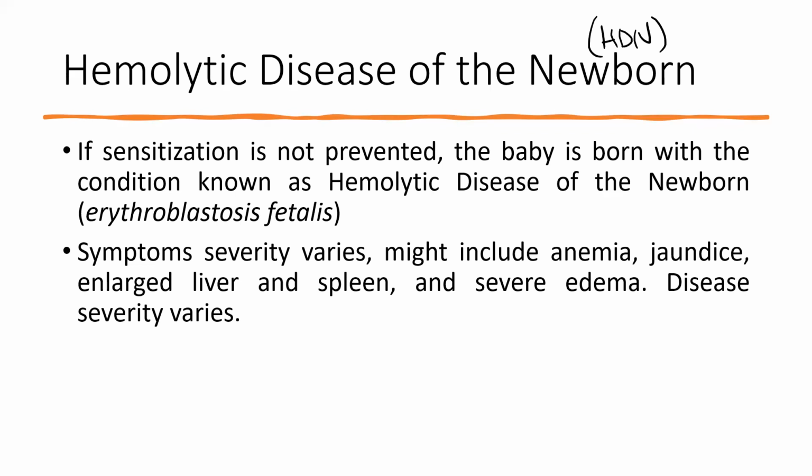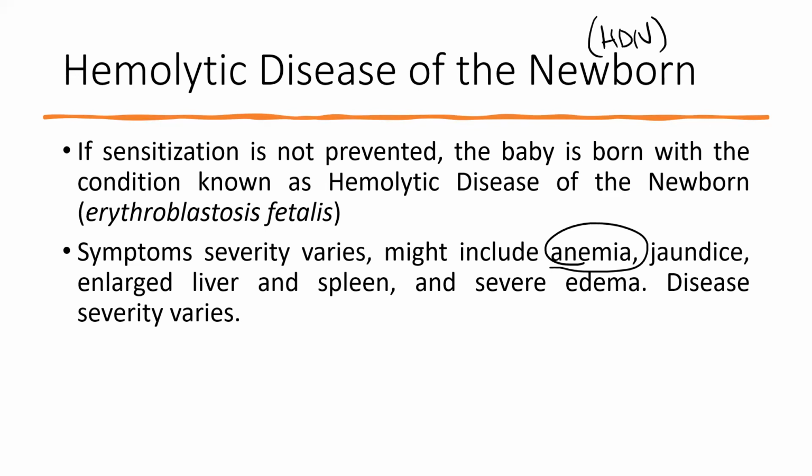All the blood groups can have this problem. The symptom severity can vary. Sometimes it could be very severe for some blood groups, other times it's kind of mild. But the symptoms include anemia, which is what you would expect. We're talking about the baby, not the mother. The mother is fine. The baby is going to experience anemia because the blood cells are being destroyed by the antibodies.